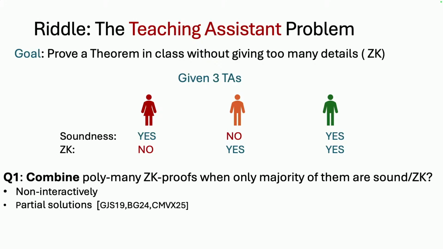Let me say that more generally, this is a question about combining. Combiners are very basic objects in cryptography. Think about having many components of zero knowledge proofs. Only a majority of them are good in terms of soundness and zero knowledge, and you want to somehow combine them into a single system. Ideally, you want to do it in a black box way, a non-interactive way, and so on.